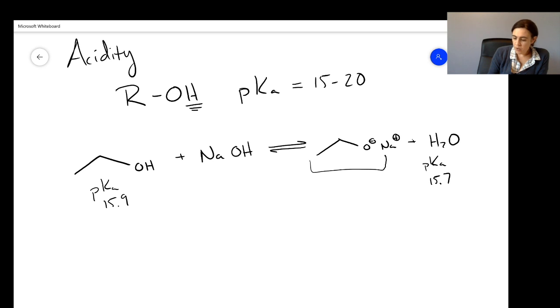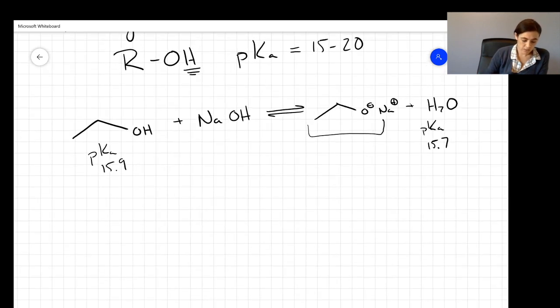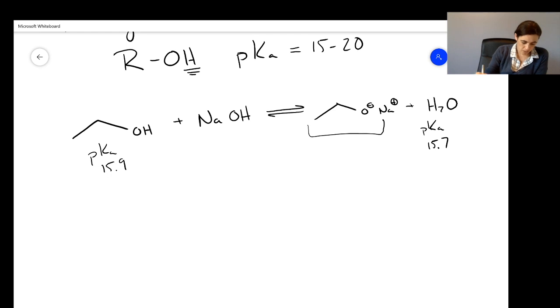So you cannot form alkoxides very easily or in a useful quantity with sodium hydroxide. You need a stronger base. So, methods for deprotonation of alcohols.